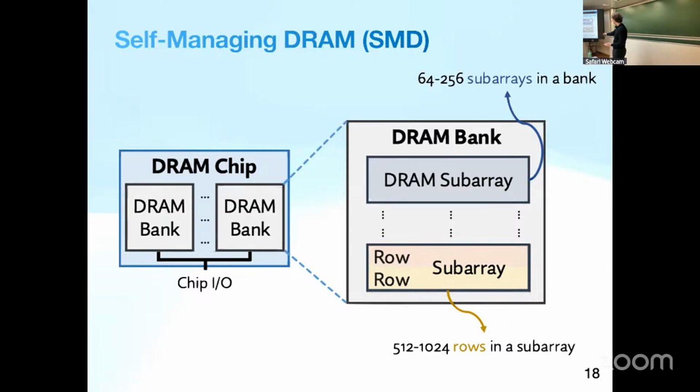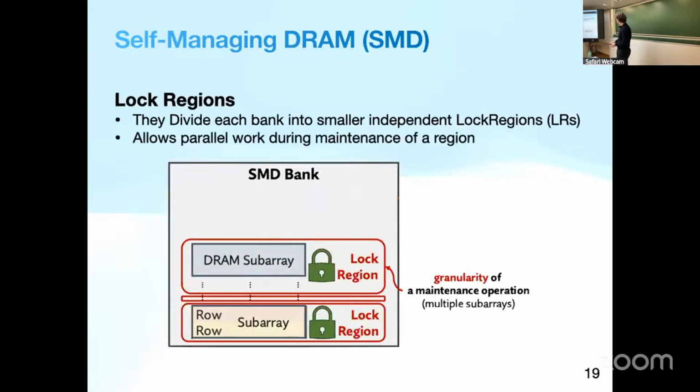So we have a DRAM chip that has multiple DRAM banks, and each of these banks has DRAM subarrays. Inside of these DRAM subarrays, the physical rows are located, which have the data that we desire to access. And each of these DRAM subarrays will have its own lock region, essentially. This will allow us to address different lock regions concurrently.